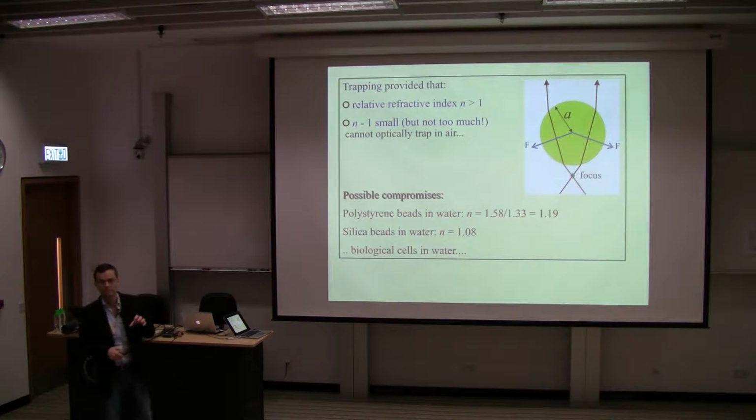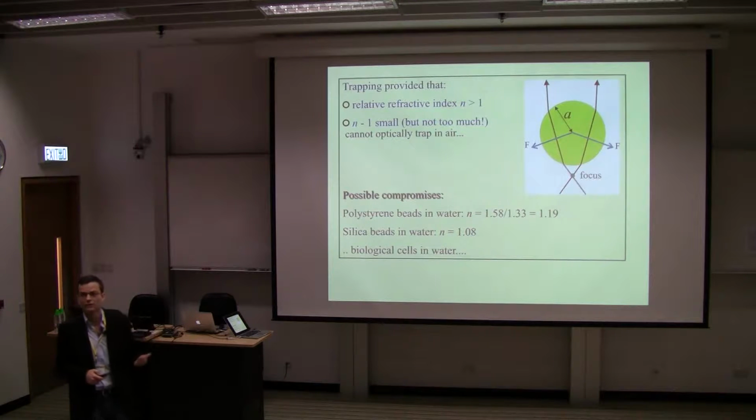I cannot trap bubbles in a liquid. I have to trap some object with a refractive index larger than the medium outside. But this difference cannot be very large, otherwise I would favor reflection instead of refraction. So if refraction helps, reflection is a problem.